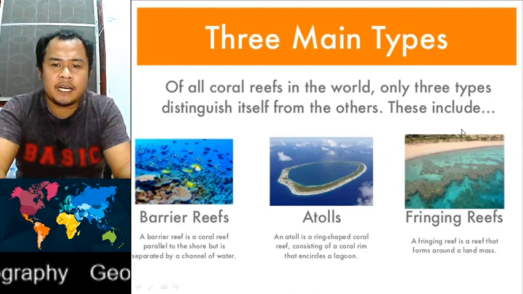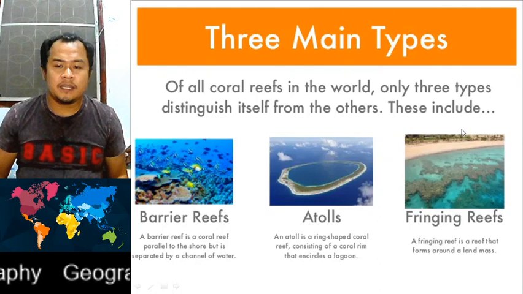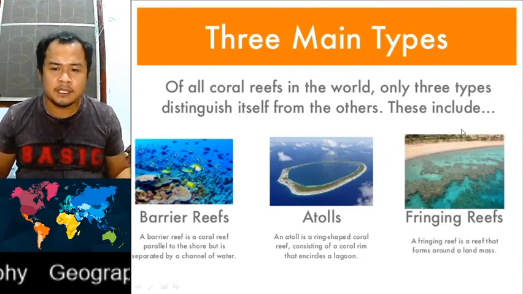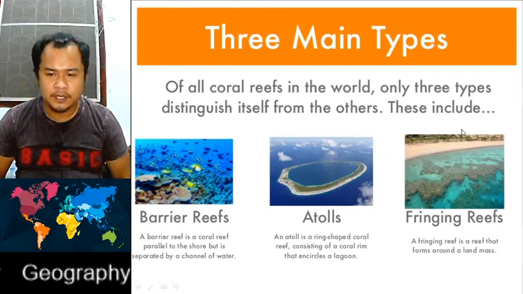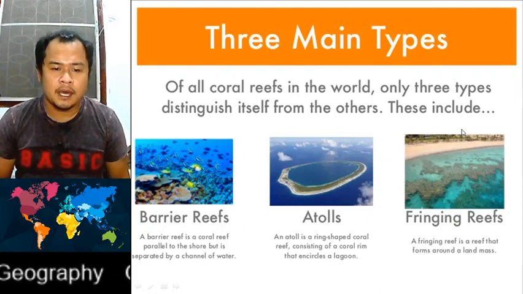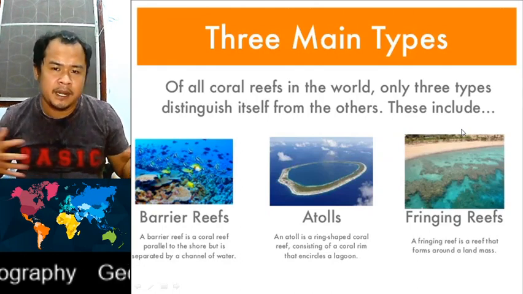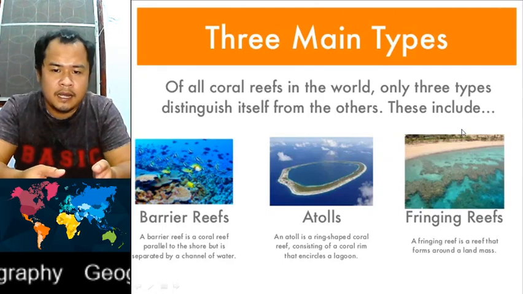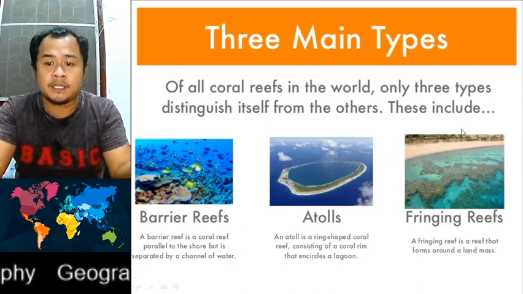So we have 3 types of reefs, okay? In this slide, you will see the 3 main types. We have the barrier reefs, we have the fringing reefs, and the atolls. You will know these 3 main types depending on how they look from a bird's eye view.